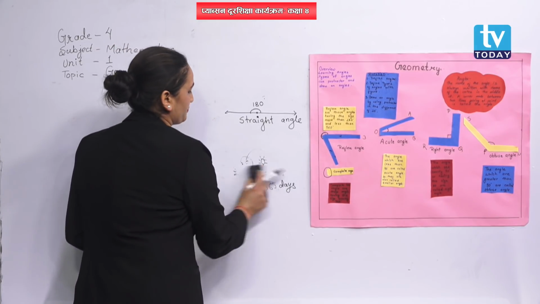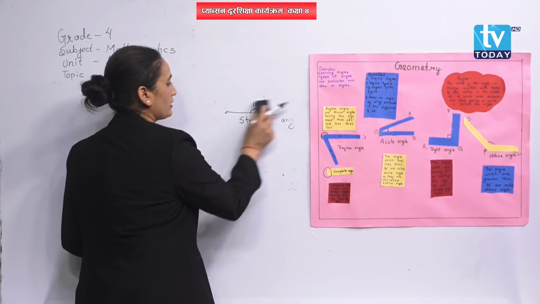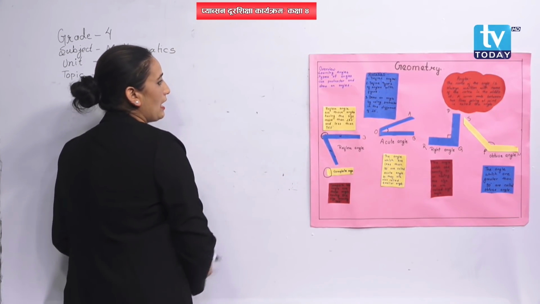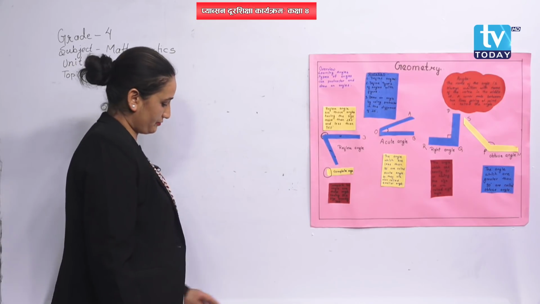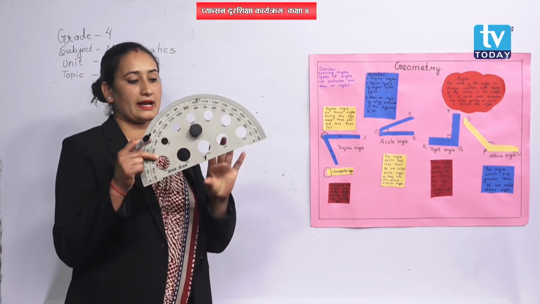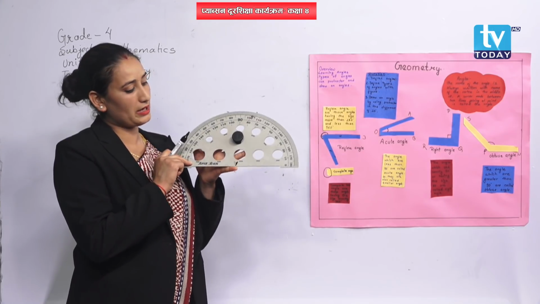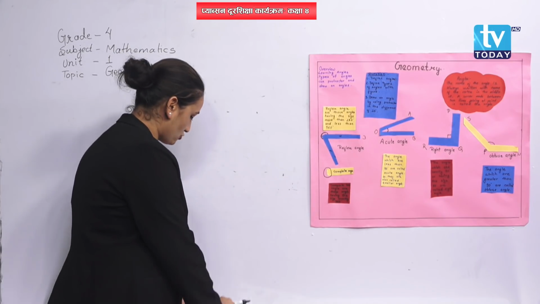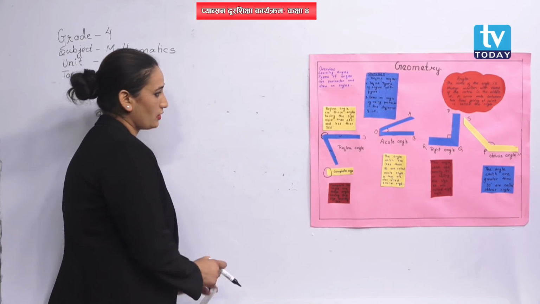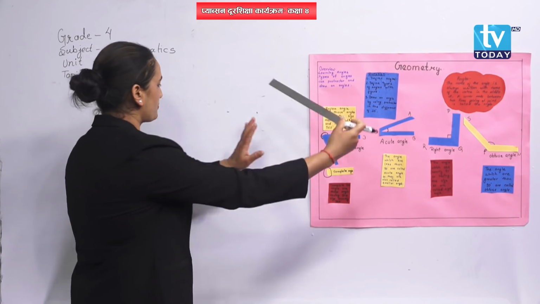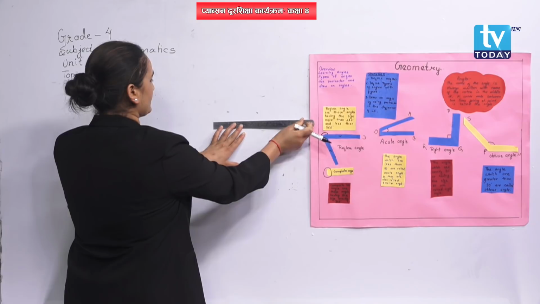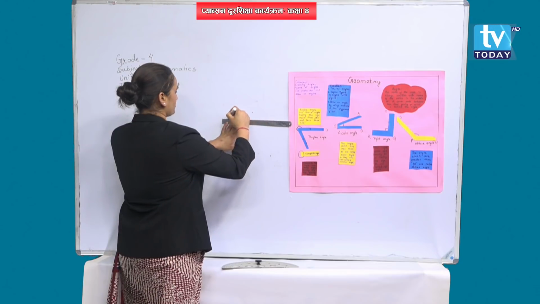Okay, after this, the one thing I'm going to teach you here is how to use a protractor. I have a protractor in my hand. Have you seen this one? Yes. Now it's time to learn about the protractor. Will you draw one straight line? All things have been completed. Now you have to use the protractor. All of you can take the scale and draw a straight line over here.